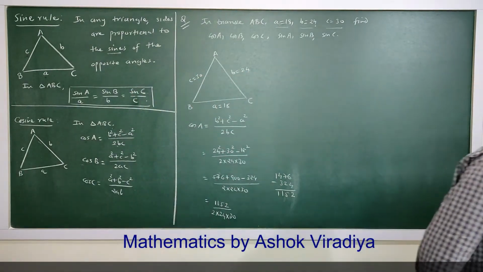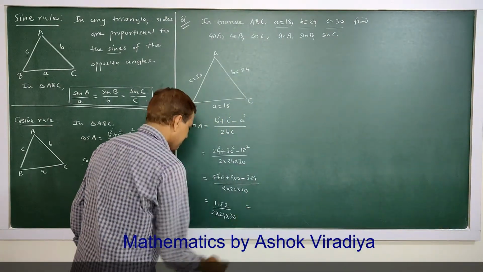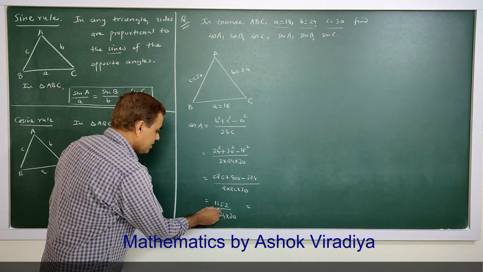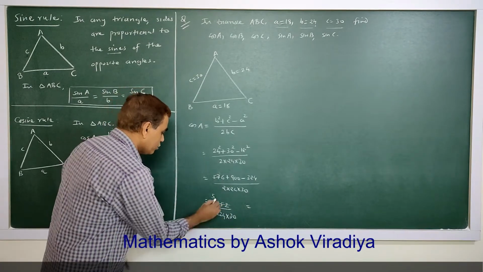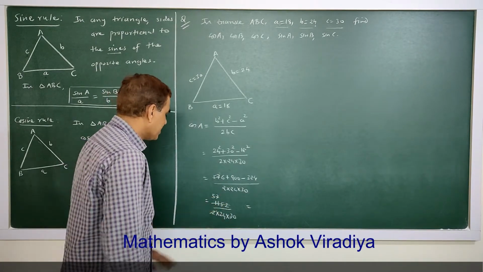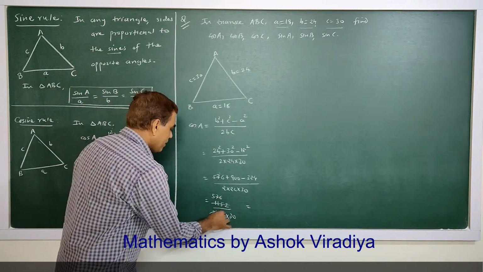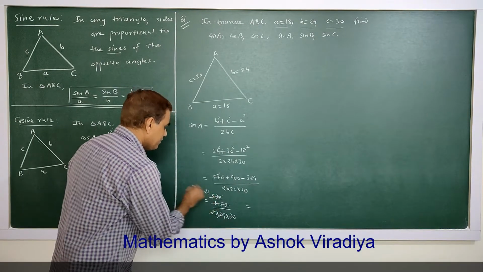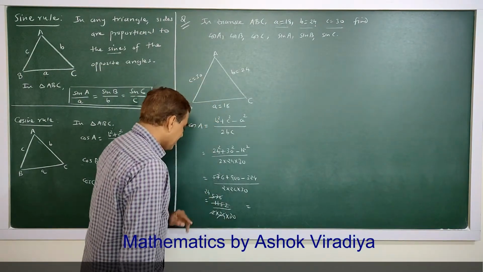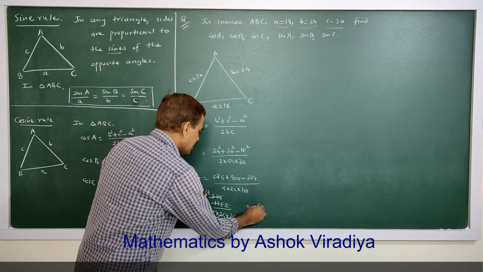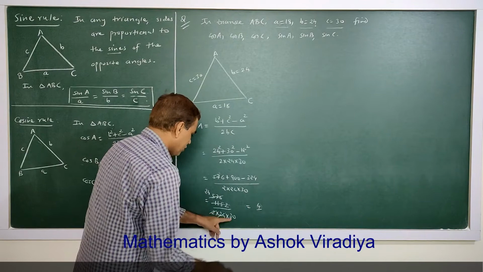Now simplifying this value, it is divisible by 2. 24 into 24 is 576, then 24 by 30 is 4 by 5, since 24 is 4 into 6 and 30 is 5 into 6.